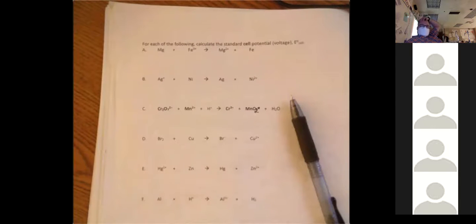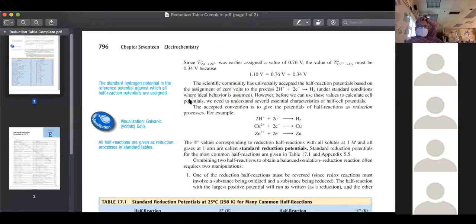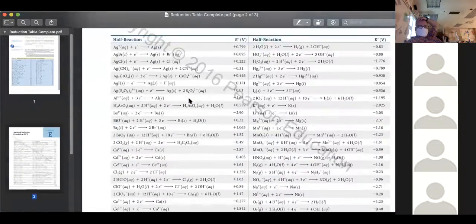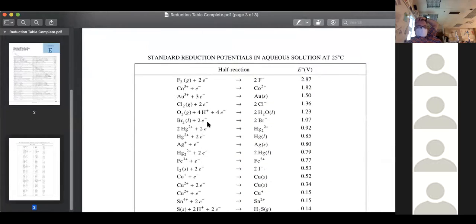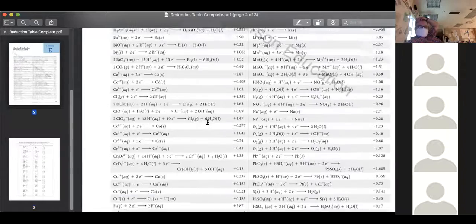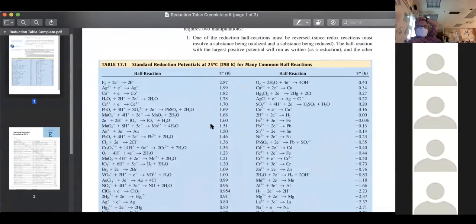If you have issues finding these things, I'm going to put this document onto Canvas. This document right here basically is a more complete list. I gave you one part of this, which is the most simplified one. But you can look up on the internet. You can see that this one has more. There's also one in the back of your book.